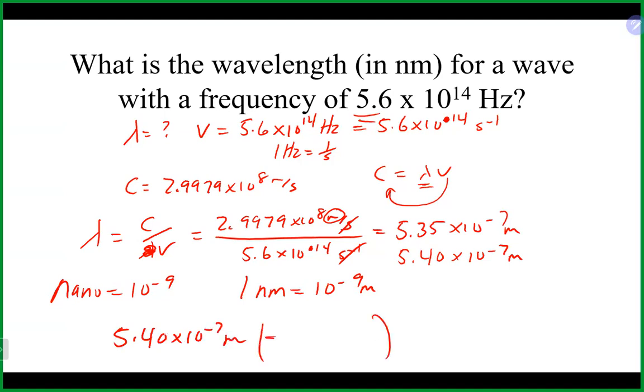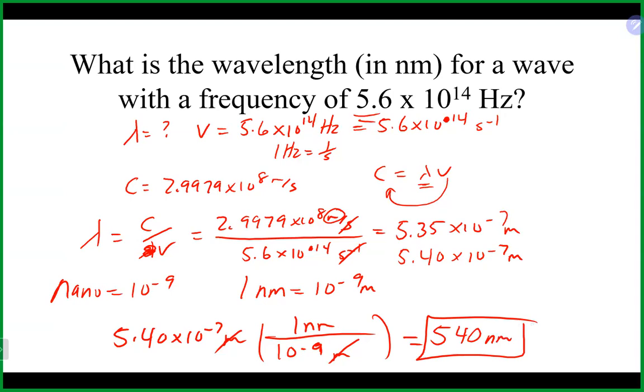We'll put the meters on the bottom, which is 10 to the minus 9. The meters will cancel. So if we do that, maybe like 540 nanometers here. Any question on that calculation?